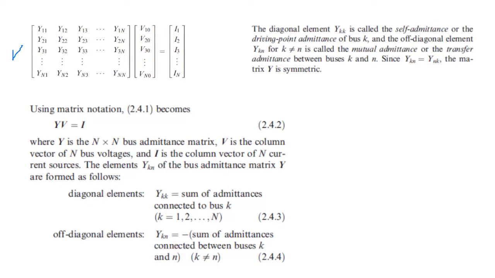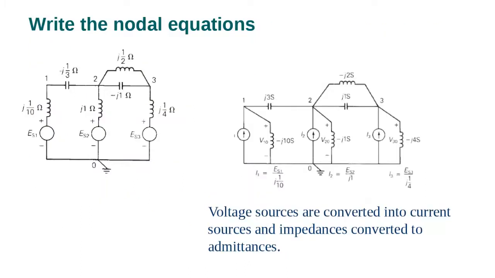The diagonal element is called YKK, the self-admittance, where we sum up all the admittances connected to node number 1, or node number 2, and so on. For example, at 1, we sum this one plus this one.